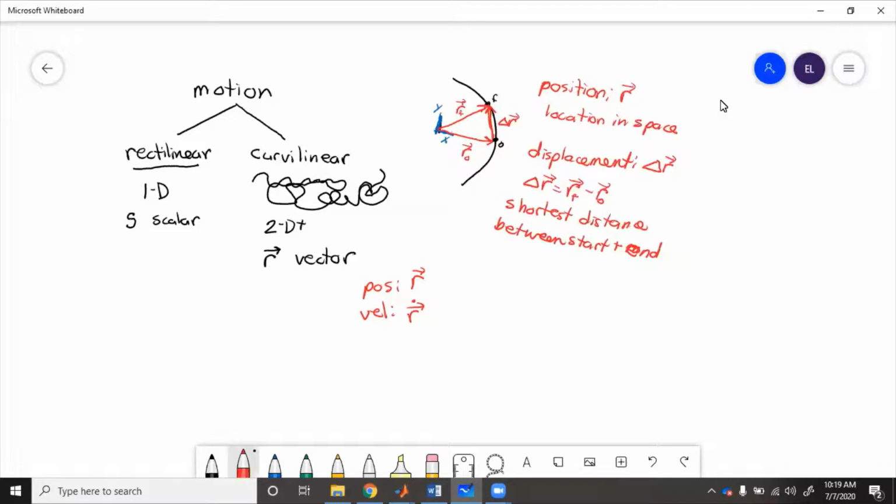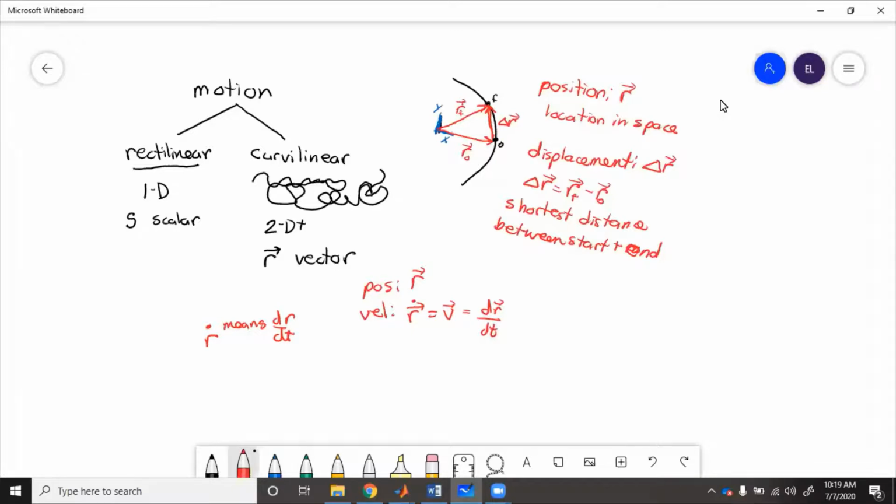So this dot is a time derivative. Dot means d/dt, so r dot means dr/dt. Okay, so that's just shorthand notation. So velocity equals r dot equals v equals dr/dt.